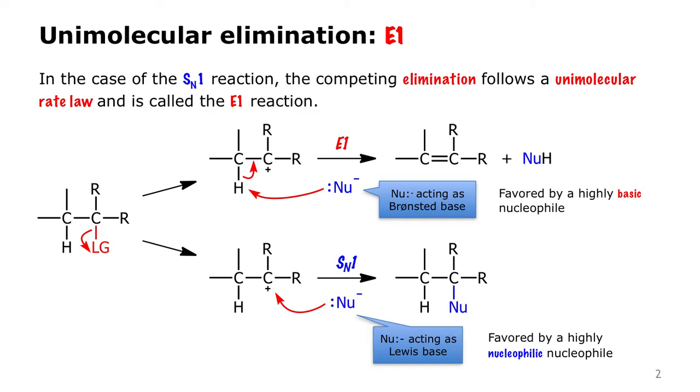The main difference is the basicity of the nucleophile. So if you have a highly basic nucleophile, then you see a preference for the E1 pathway in the formation of alkene products. Whereas if you have a highly nucleophilic nucleophile that has a low basicity, you favor the SN1 pathway.